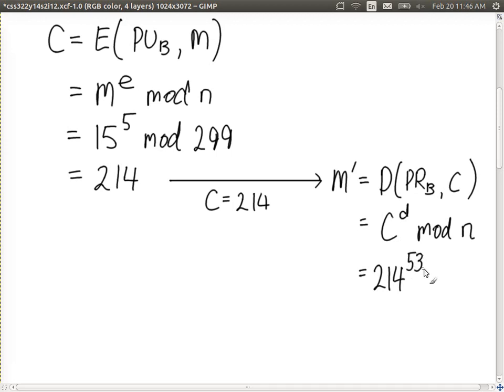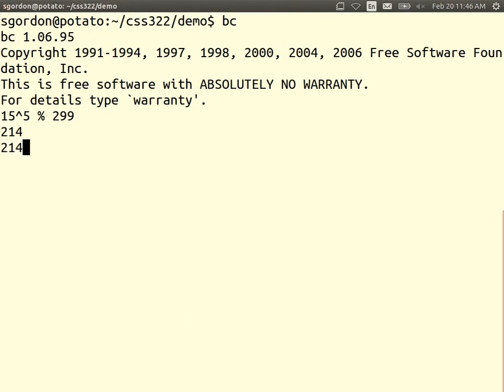Hope our calculator will handle this. Mod n. 214 to the power of 53 mod 299.